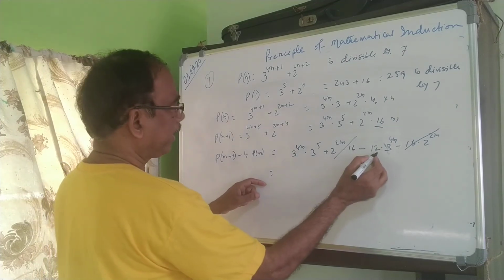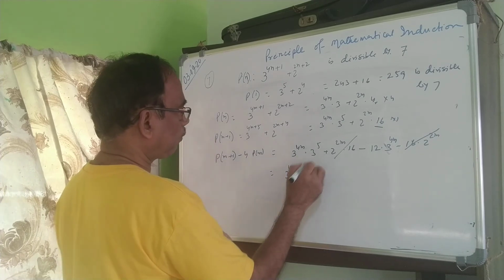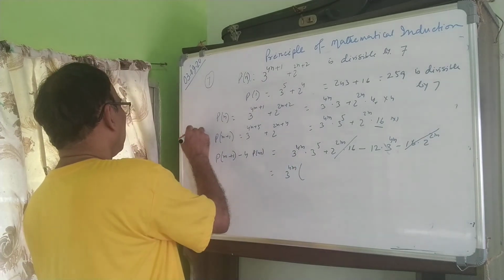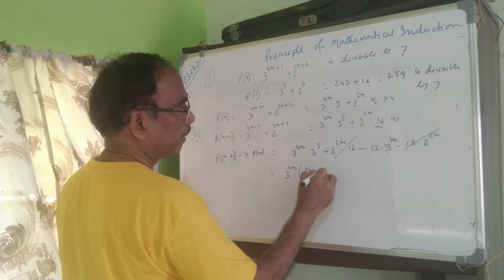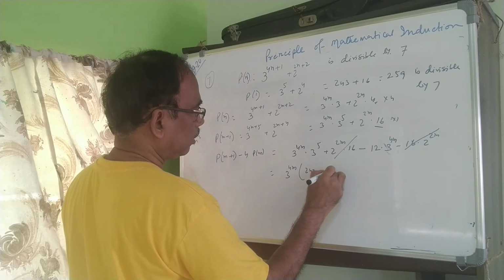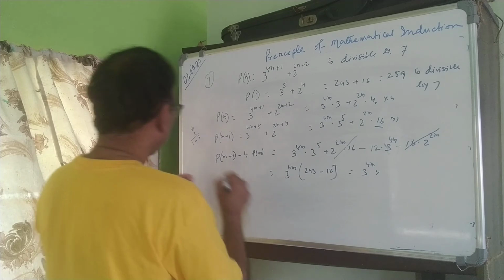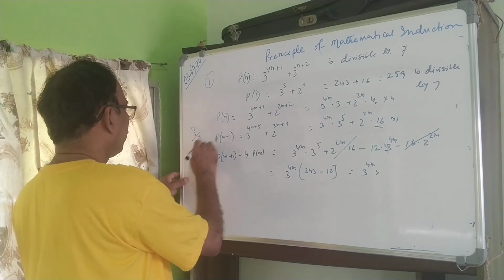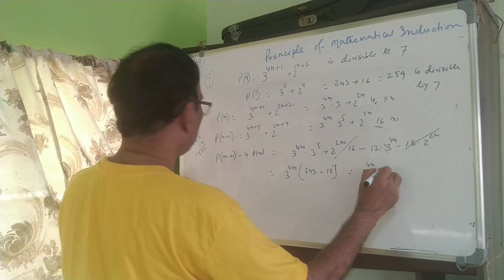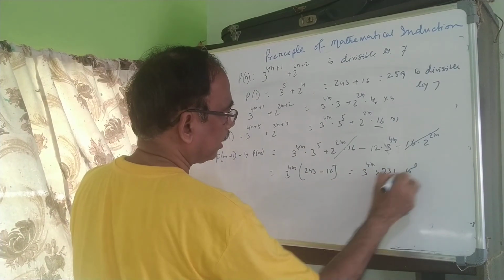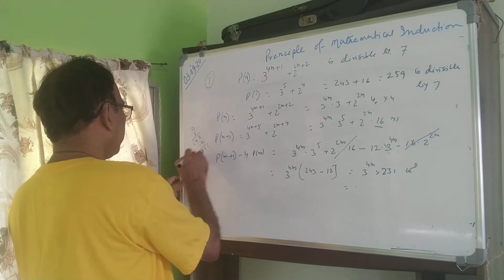Then we can take 3 to the power 4m common: 3 to the power 5 is 243 minus 12, which is 231.